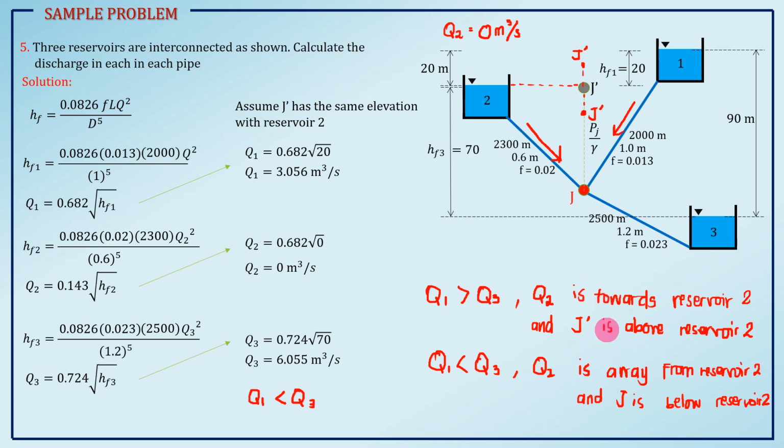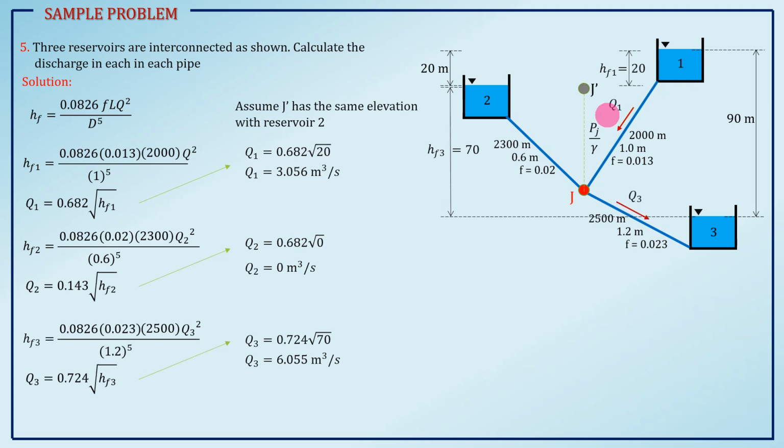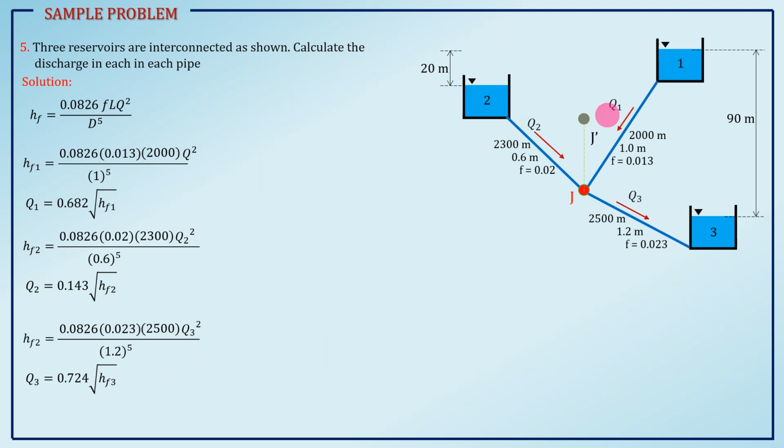So, which one governs? Your Q2 is away from reservoir 2, meaning Q1 from reservoir 1 and reservoir 2 will supply reservoir number 3. So, junction J is below reservoir 2.